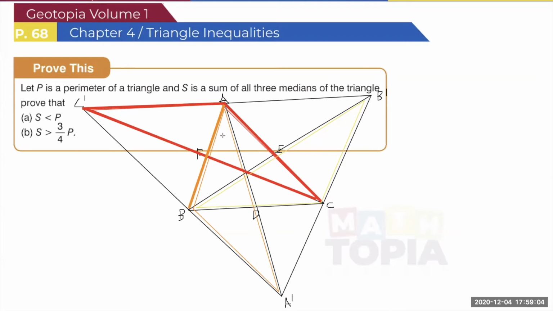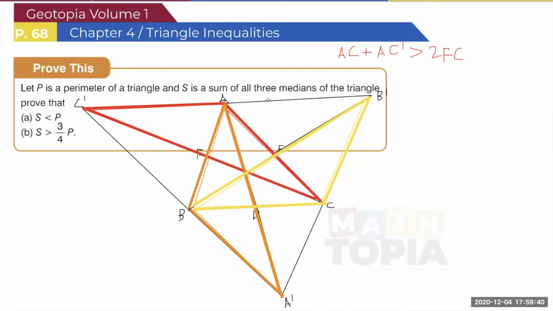So the red triangle, if we use the triangle inequality, we have that AC plus AC prime is greater than 2 times C prime. But notice that C prime F is equal to FC, which means that this is really 2 times FC, because C prime F plus FC is equal to C prime C.